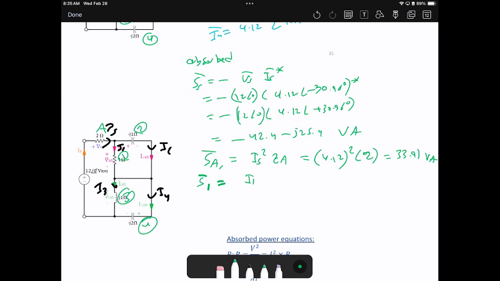Then it will be I1 squared times Z1 bar, as a magnitude. Since I didn't put the bar, it will be only the magnitude. So it will be 2.91 squared times 1, which is 8.47 volt-amperes. For element 2, it will be I2 squared times Z2 bar, which is 2.91 squared, only the magnitude, while Z is negative J1.